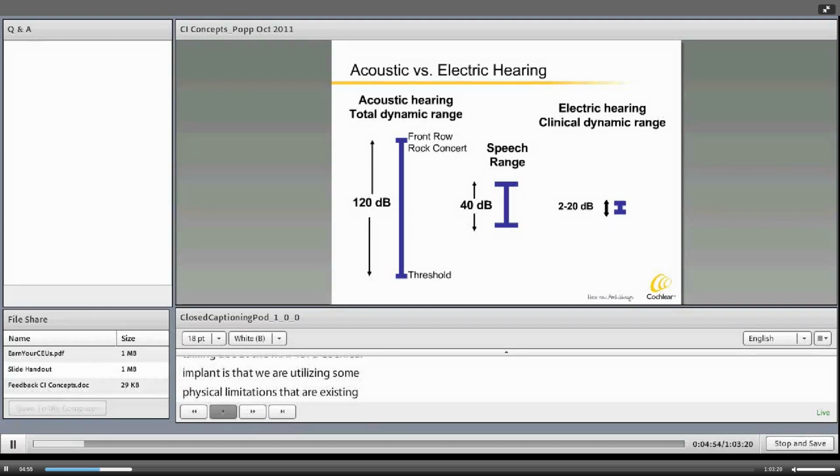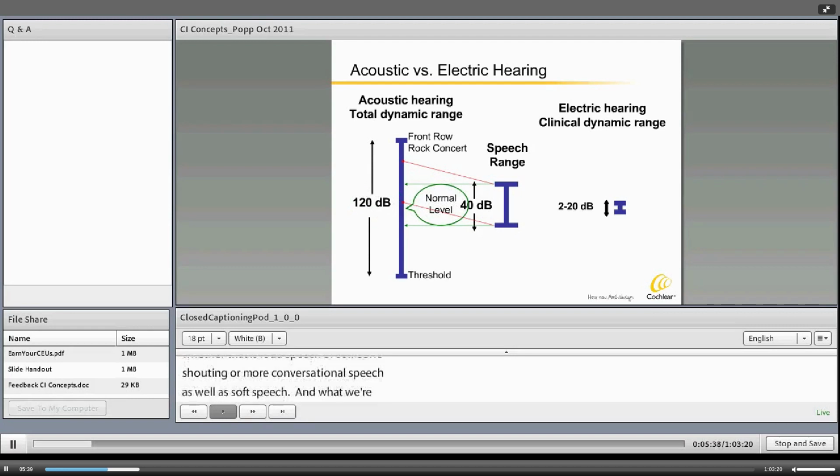What we're doing is taking the 120 decibels of acoustic hearing dynamic range that exists for anyone with normal hearing, and really trying to focus on the 40 dB or so of speech that is the most important aspect of that information. And that varies whether that is loud speech or someone shouting, more conversational speech, or soft speech.